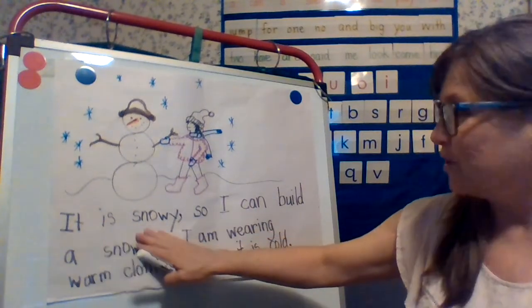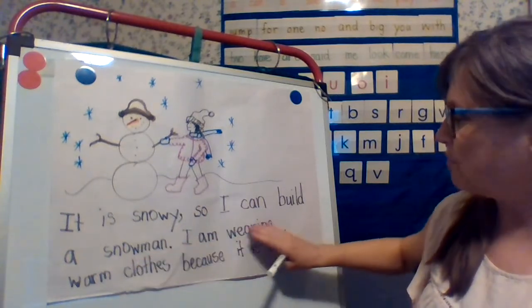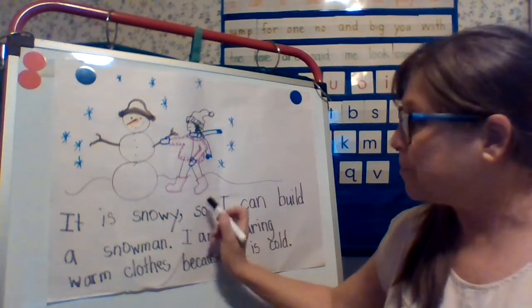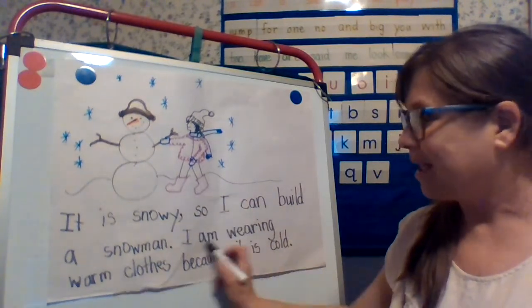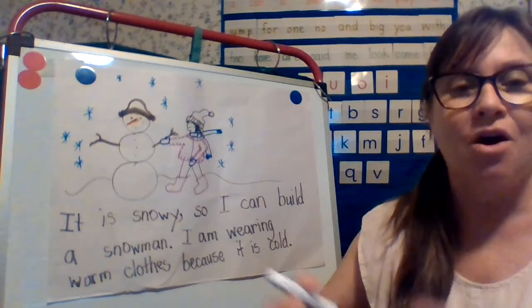It is snowy, so I can build a snowman. I am wearing warm clothes because it is cold. Both of those words, so and because, are words that we use when we're showing cause and effect.